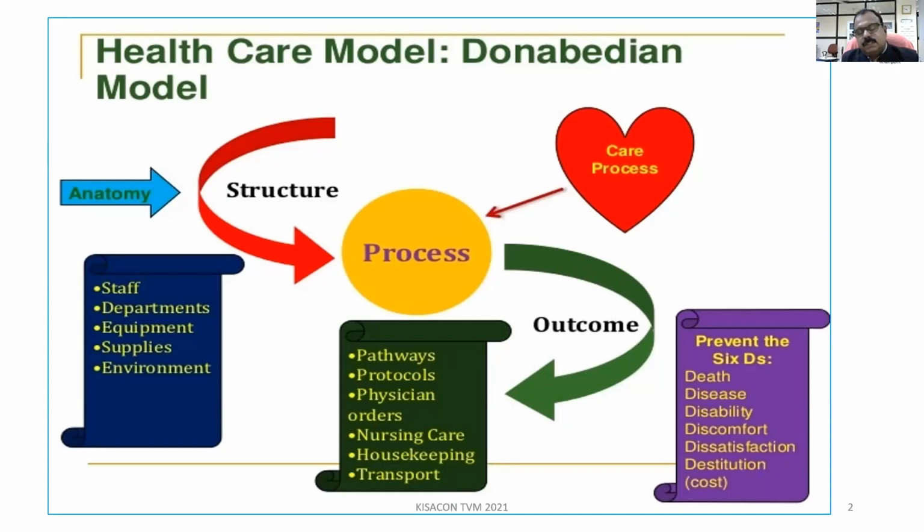The processes, as we know, are various protocols, the orders of the physician, cleaning, nursing, or also the safety checklist. All those aspects can come under the process. And the outcome is the satisfaction of the patient, the patient outcome after the surgery, post-operative, etc.